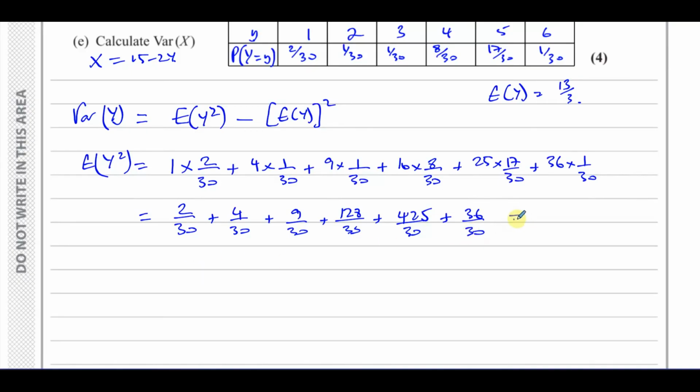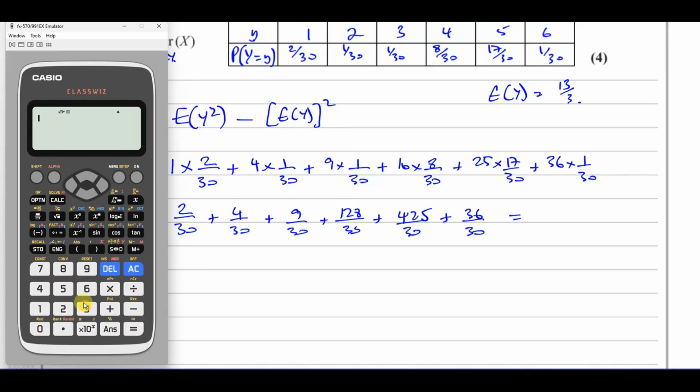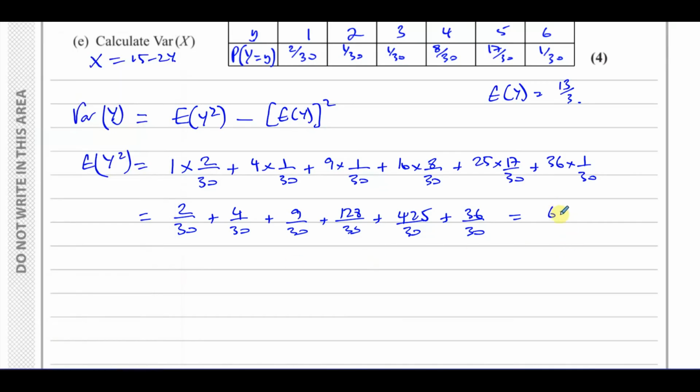So now when we add all these together, we should get our answer for E(Y squared). So you're going to have 2 plus 4 plus 9 plus 128 plus 425 plus 36. That gives us 604 over 30.